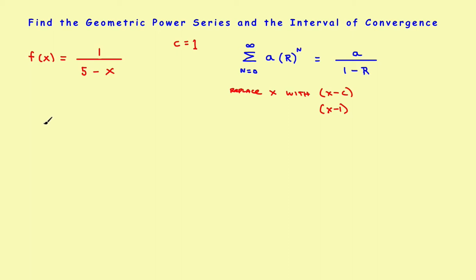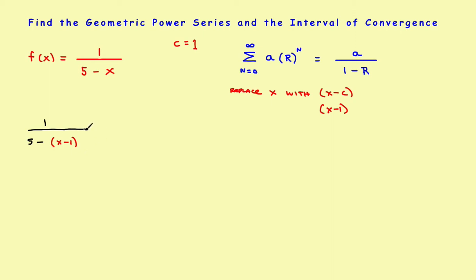So the original problem was 1 divided by 5 minus, and I'll put it in red just so it stands out, I'm going to replace x with x minus 1. So when you first start off, if you're going to center it at 1, it's in this form right here, x minus c. c is equal to 1, so replace x with x minus 1.